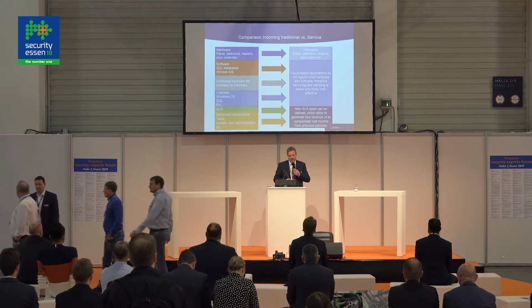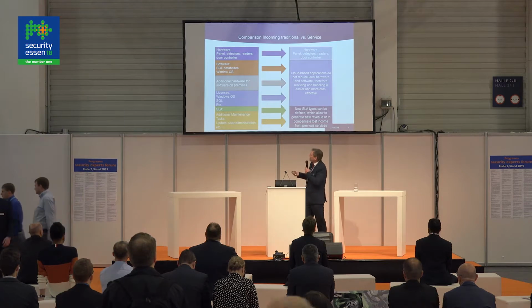So previously, the model as shown here on the left-hand side is you are buying hardware like readers, panels, deploying it to the customer. You're bringing software on-site on a PC. You're putting additional hardware to run that software. You're selling the licenses to your customer, and all that products and all that equipment is located in your customer's place.